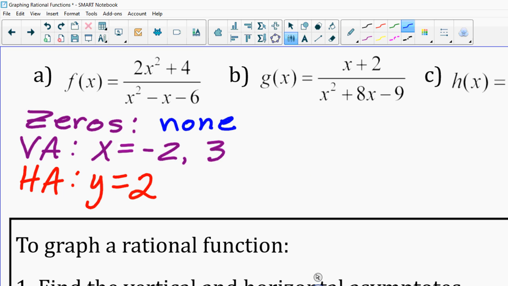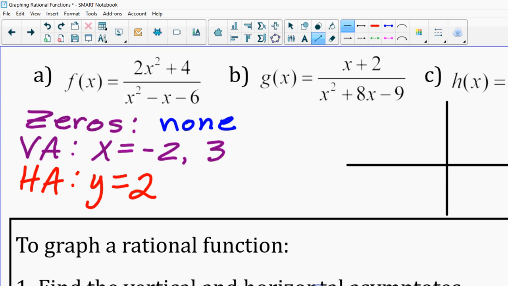Now, before I give you a break, I just want to show you something. If I were having you graph that problem, and I'm not, the first thing I would have you do is find these three things and graph them. And that's why you have rulers and colored pencils.